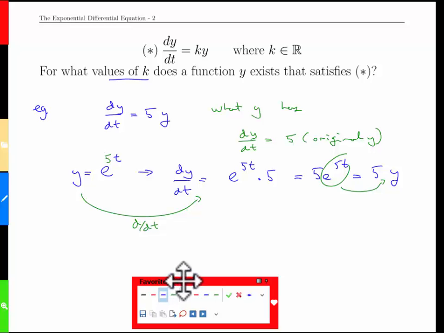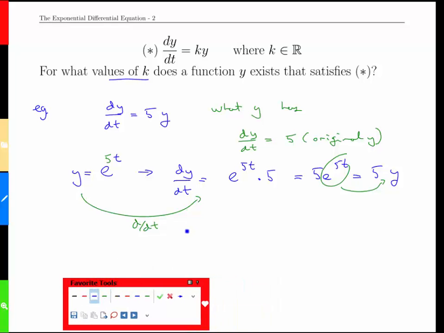It would have the 5 in the exponent. In general, there's no reason why this wouldn't work for any constant we put out front. So long as we put the same constant in the exponent, we would satisfy the equation. And so our answer would be y equals e to the kt is a solution to, or it satisfies, dy dt equals ky.